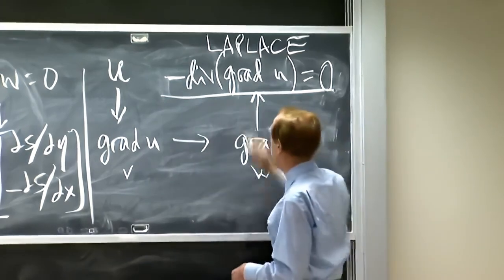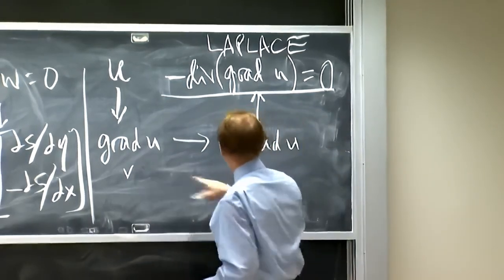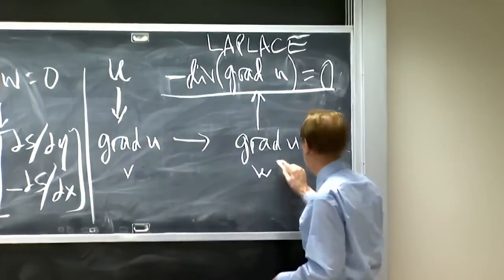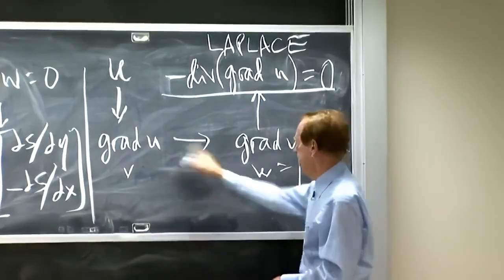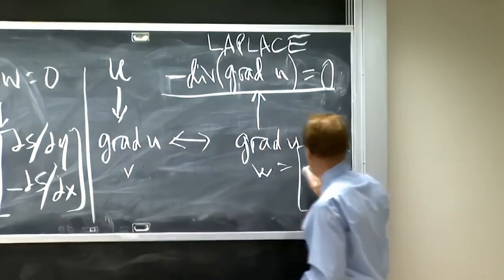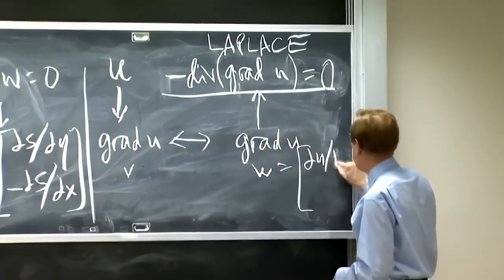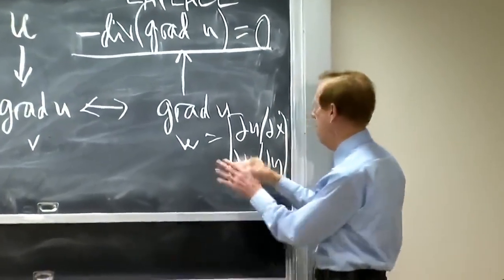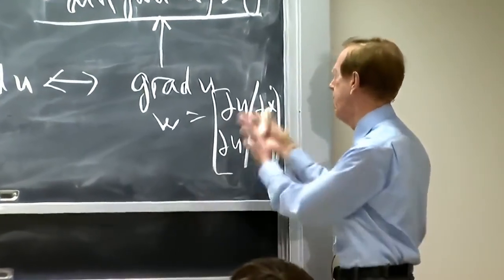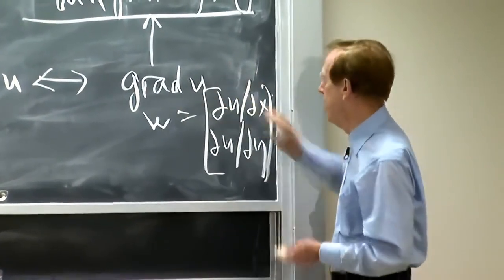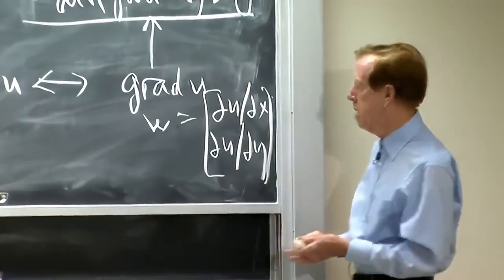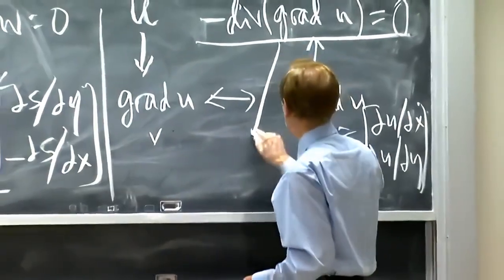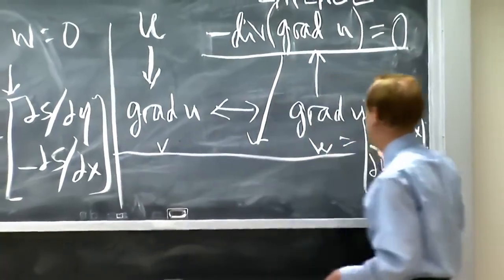Let's just figure out what this is. We've got, so W is, since these are the same, W is now du dx, du dy. It's the gradient. Now what happens, do you see what happens when I take the divergence of the gradient? The divergence of this W? I just want to write that equation out.